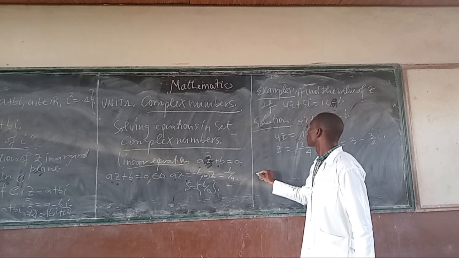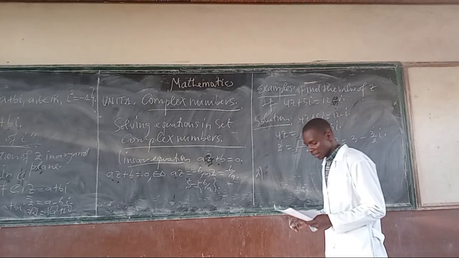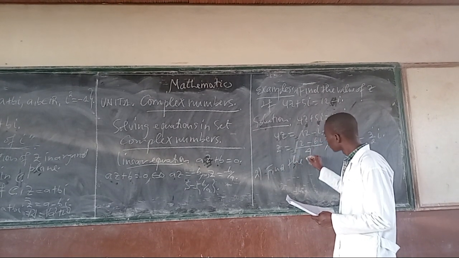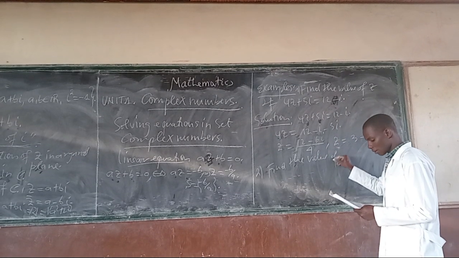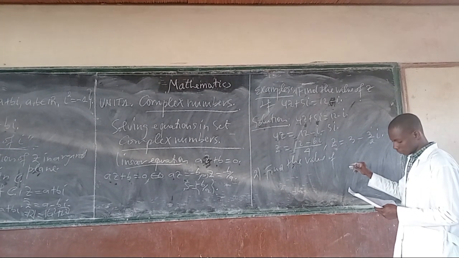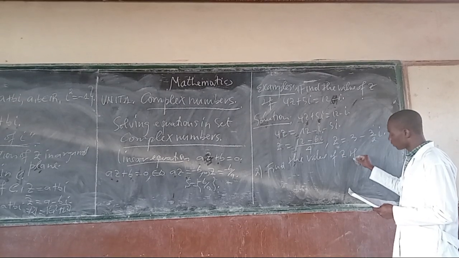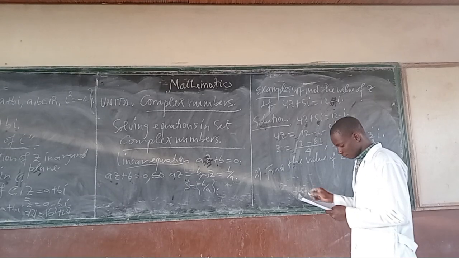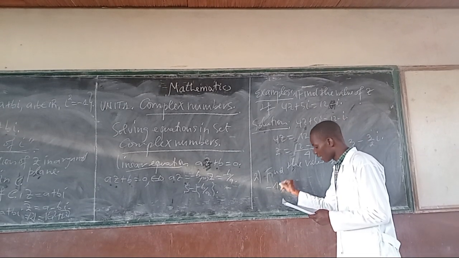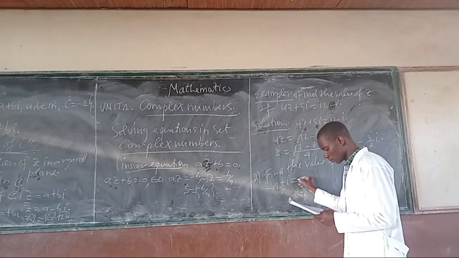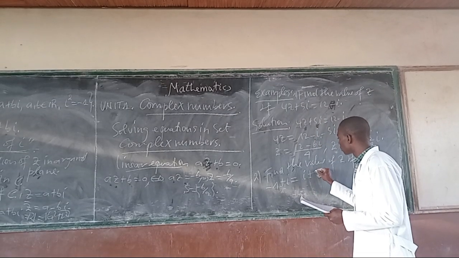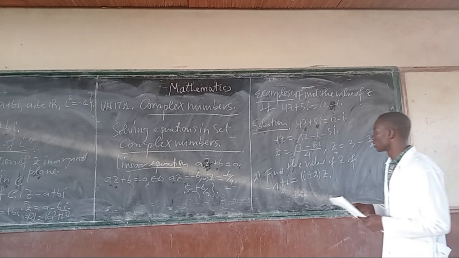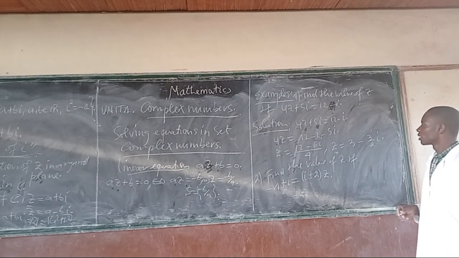Now we can do another question to find the value of z. Find the value of z if negative 1 plus i is equal to i plus 2, times z. What's the solution for this kind of equation?